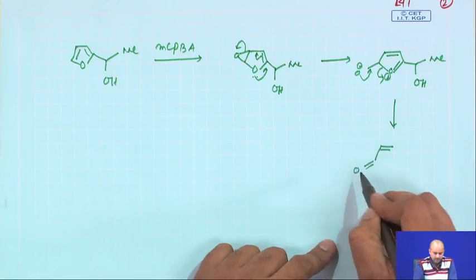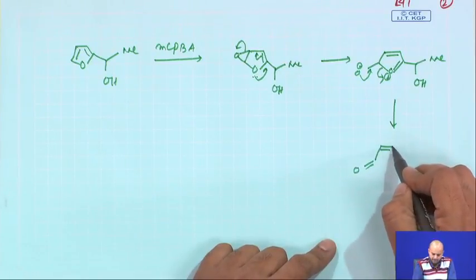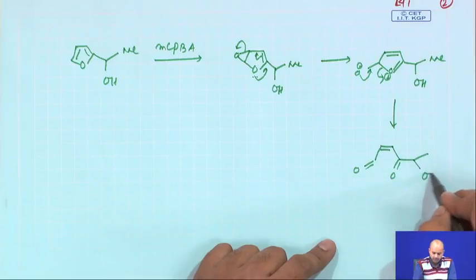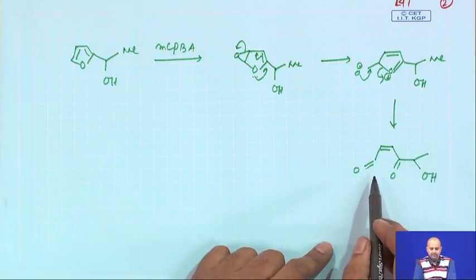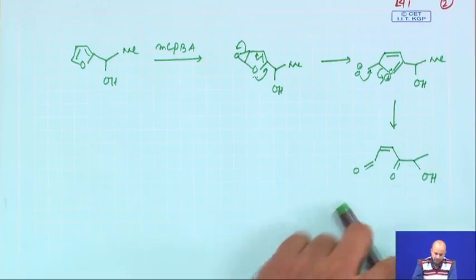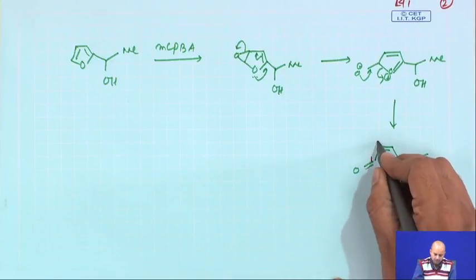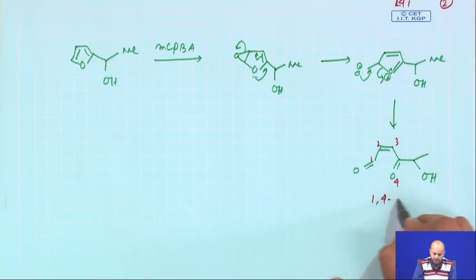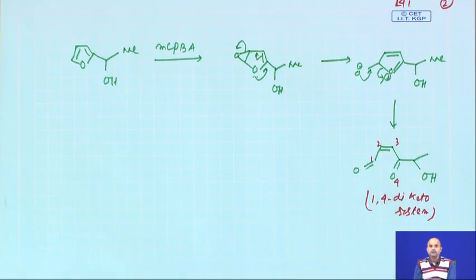So, basically you will have an aldehyde here and here you get the corresponding ketone. The furan ring is opening to a 1,4 dicarbonyl system, a 1,4 diketo system, and this is a very characteristic reaction of the furan carbinol system, or furyl carbinol system.